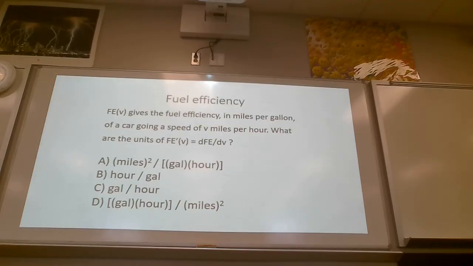Have a conversation. Okay, so the rate of change of your miles per gallon and your miles per hour. Yeah, miles per gallon per hour. Notice what I'm taking it with respect to. Is that correct verbiage? Close enough.